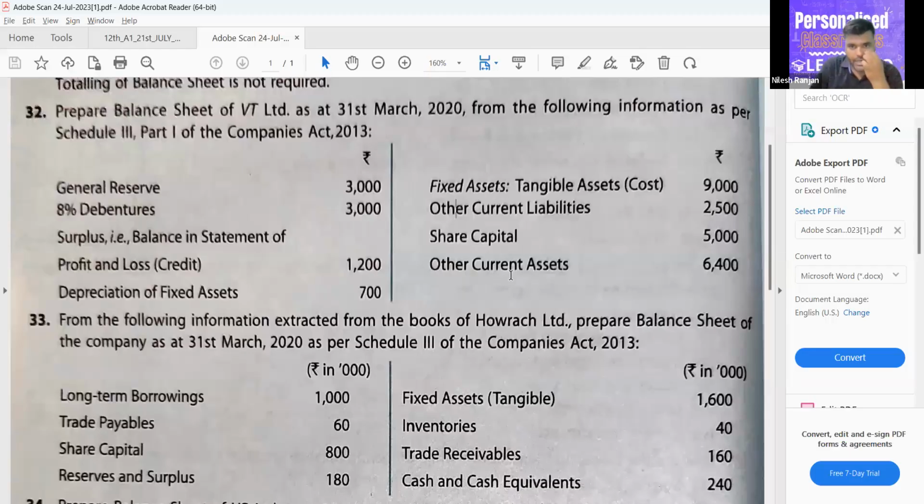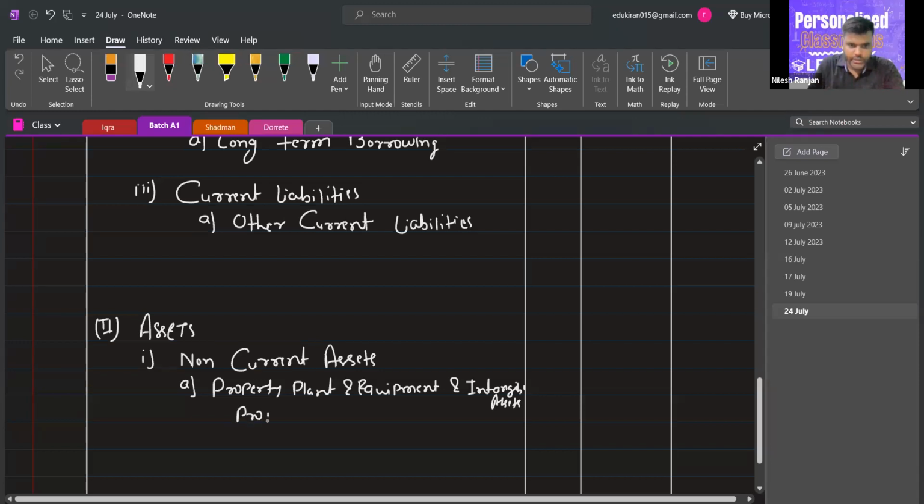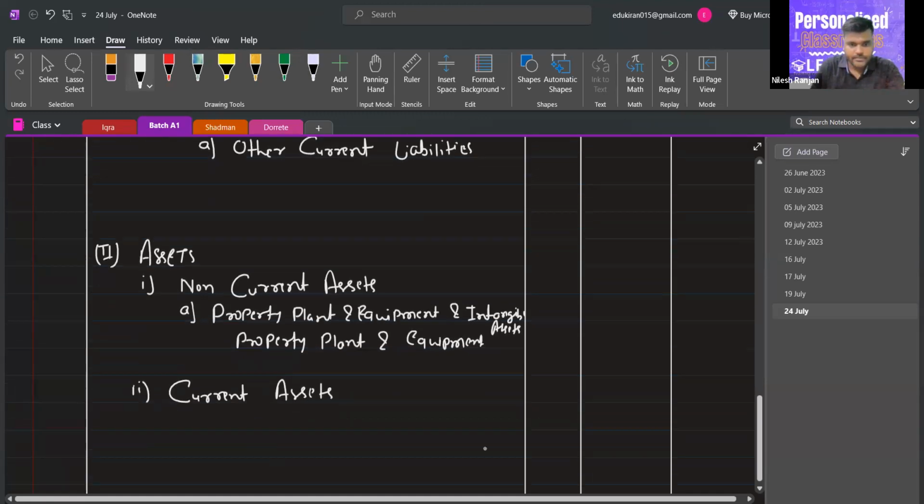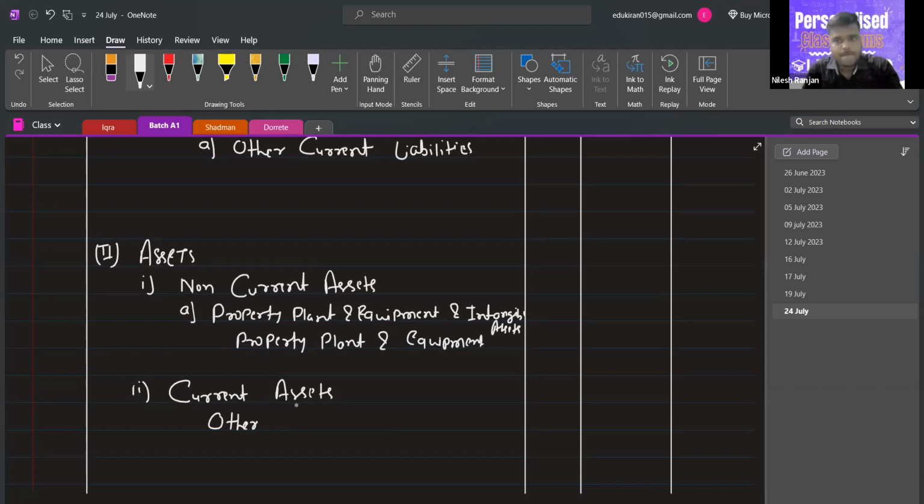Now, do we have intangible assets? No, I think no. So property, plant and equipment there. And the last one is current assets. Under current assets, it is other current assets.